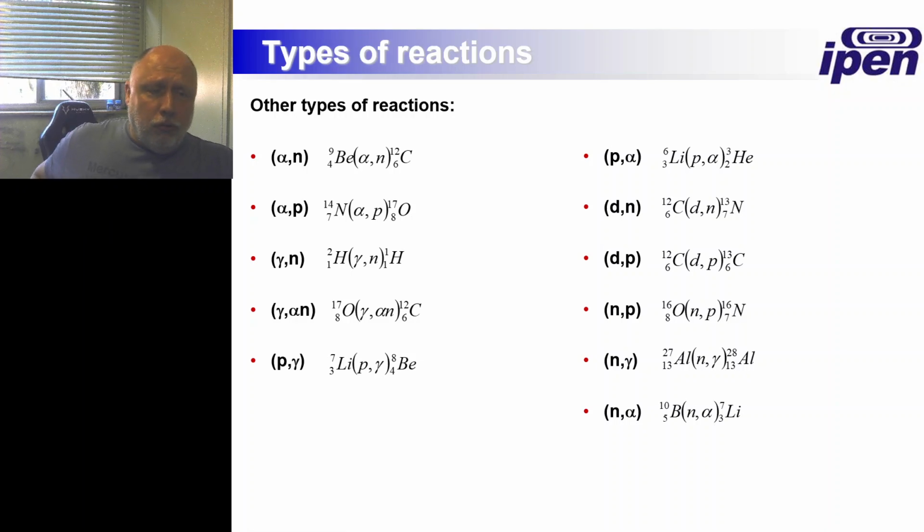Other types of reactions. For instance, we have alpha N. You have beryllium-9. It interacts with an alpha particle producing a neutron and a carbon-12 nucleus. Just as a curiosity, this was the reaction that Chadwick used to discover the neutron.